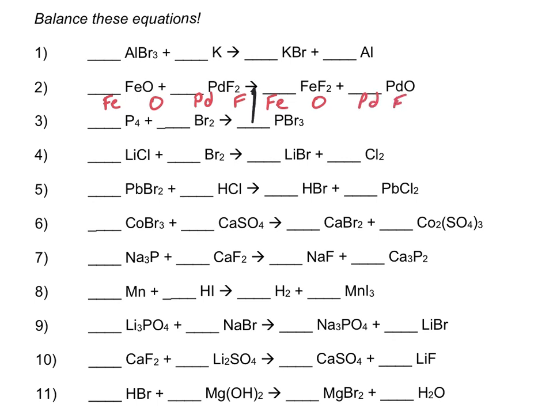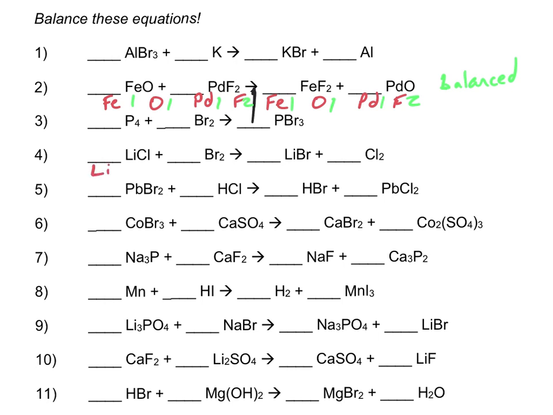Okay, so I've got 1 iron, 2 fluorines, 1 oxygen, 1 palladium on each side. Another balanced one. Hope I'm not taking all the balanced ones from y'all.